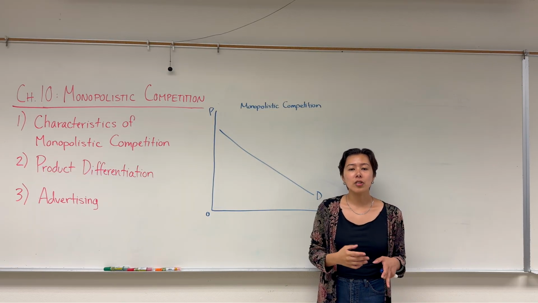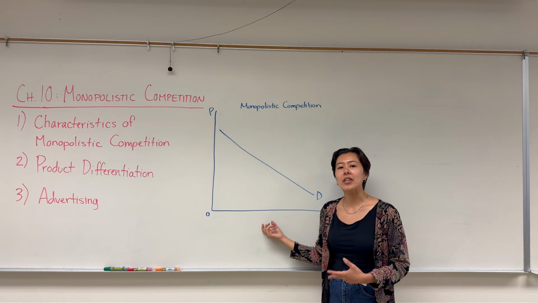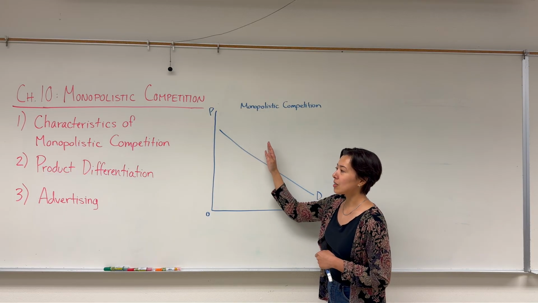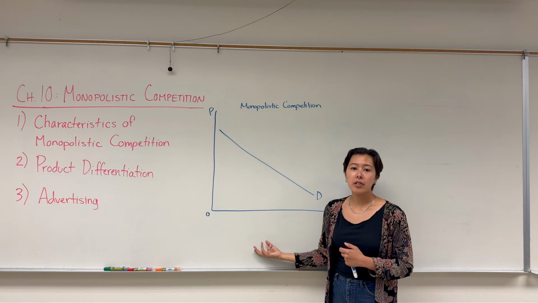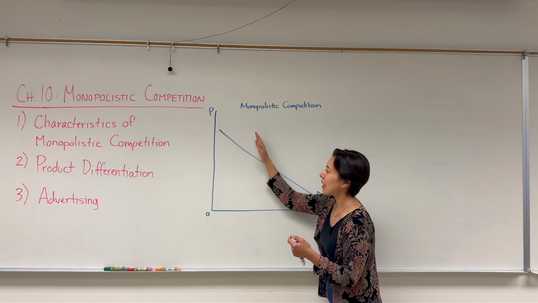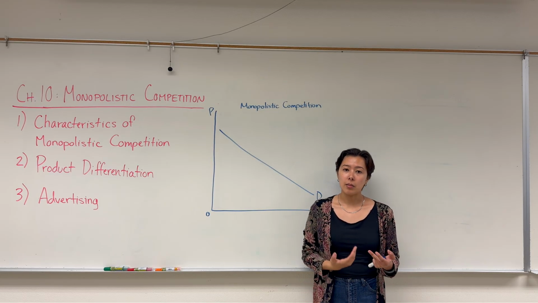They want consumers to feel like their specific version of this product is absolutely necessary and that they can't get it anywhere else. With a more inelastic demand curve, the monopolistic competitor is going to be able to charge a higher price. The steeper the demand curve, the more dramatic that difference will be between price and marginal cost.